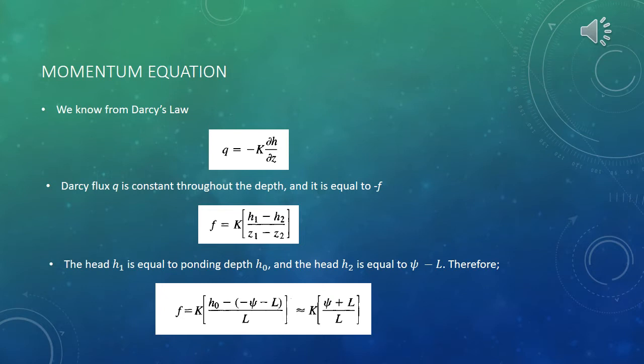This is K times suction head plus L over L, where we can say the ponding depth is very small and negligible.